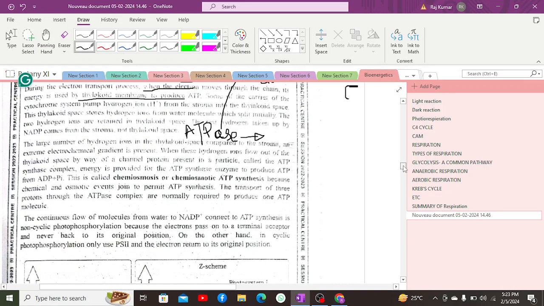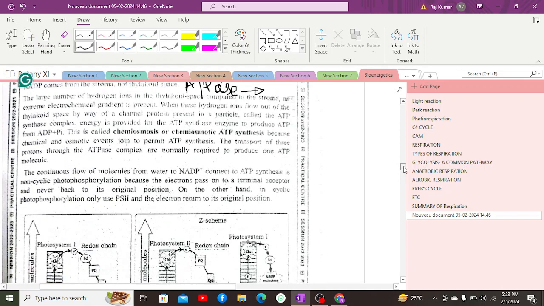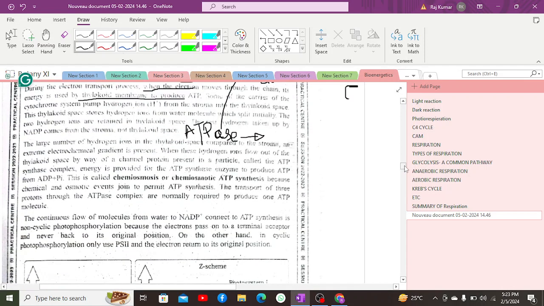This production of ATP using the energy of sunlight is known as photophosphorylation. And what type would that be? That would be non-cyclic photophosphorylation. This process is known as chemiosmosis or chemiosmotic synthesis.